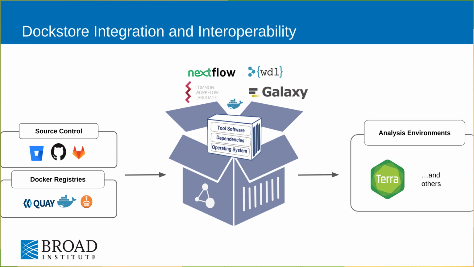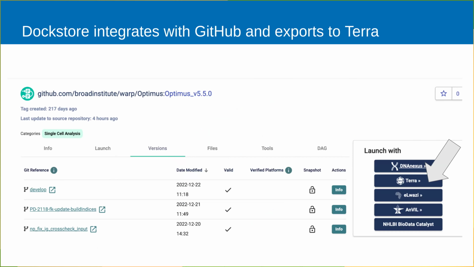Your Docker containers can be stored on Quay.io, on Docker Hub, or on AWS ECR. From there, you can launch it onto Terra or other environments that support the particular workflow language you're working in. For example, if you were looking at a particular workflow, Optimus, you would pick a particular version of that workflow and then launch it into different environments.